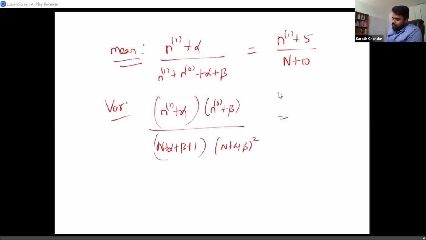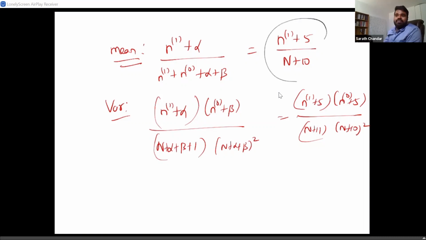So this is simply (N1 plus 5)(N0 plus 5) divided by (N plus 11)(N plus 10) the whole square. Okay.